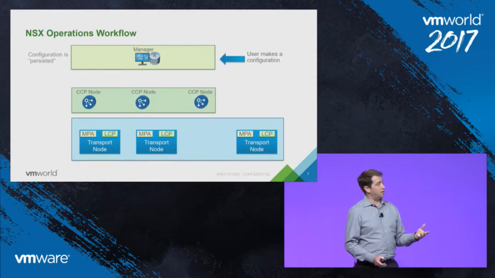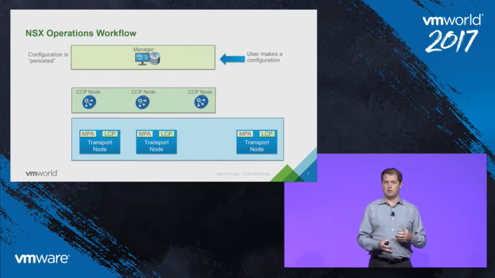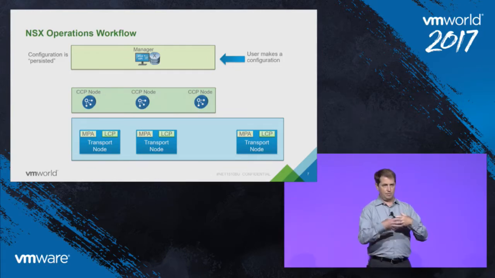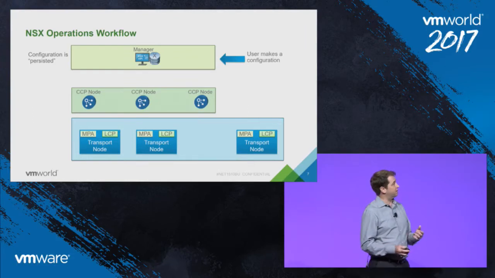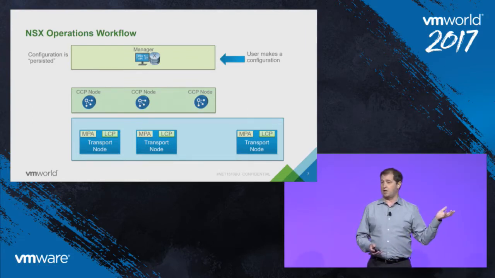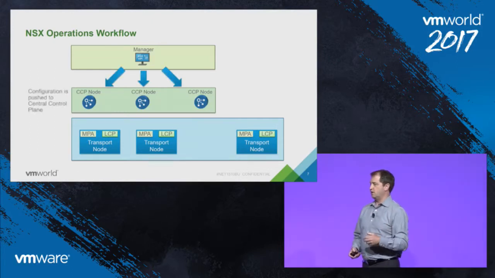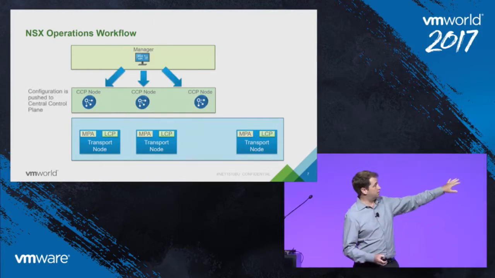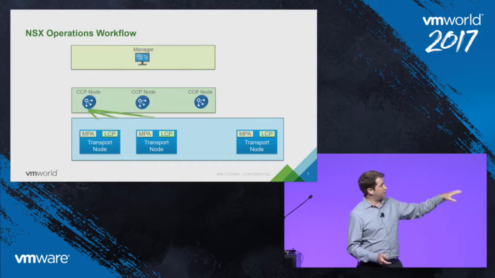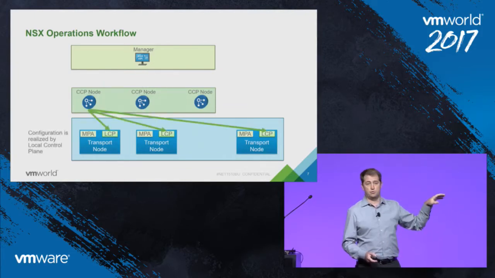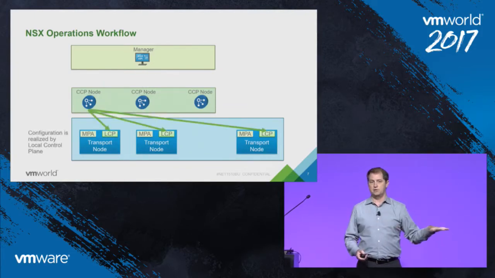So the way this works is a user will make a desired state configuration. Maybe they want a certain network topology, certain firewall rules, certain load balancing settings, things like that. So they make that configuration into the manager, and that's persisted into the management database. Once the manager gets it, it pushes that configuration down to the central control plane, and then from the central control plane down to the local control plane, where it's what we call realized into the data plane.